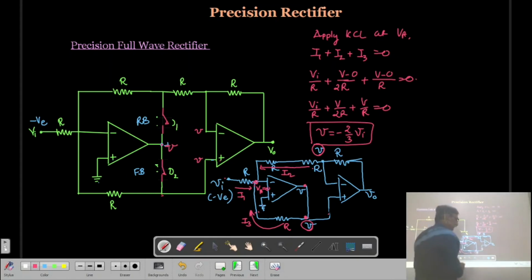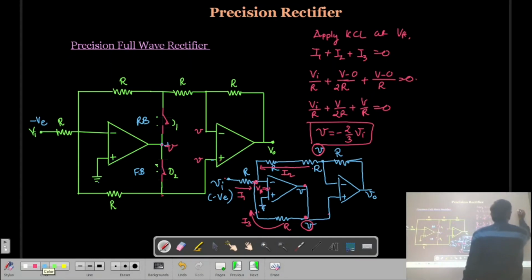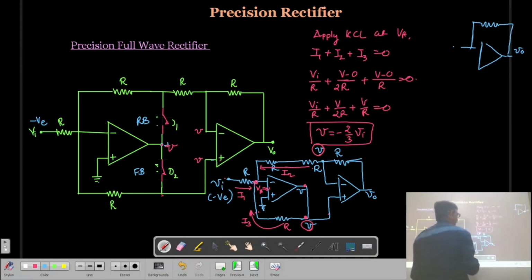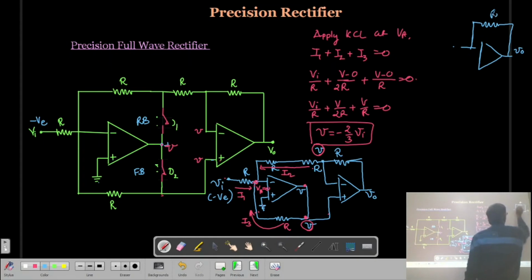Now, the same circuit, again I can simplify it in this way. We are interested in the output, so this output is there. In the feedback part, resistance R. Here we have a resistance 2R.